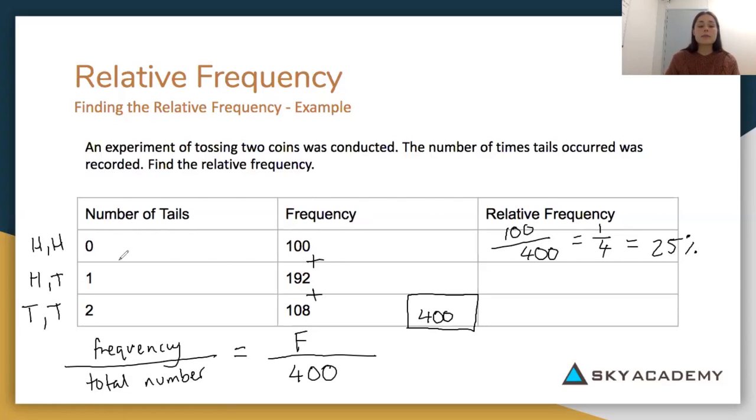So now let's do the same for when 1 tails occurred and 1 heads occurred. So we do 192, which is our frequency for this one, divided by the total number of frequencies. So that's 400. And we can simplify that down to 12 on 25 when you put it into your calculator. And if you press the little S to D button, I'll just show you what it looks like.